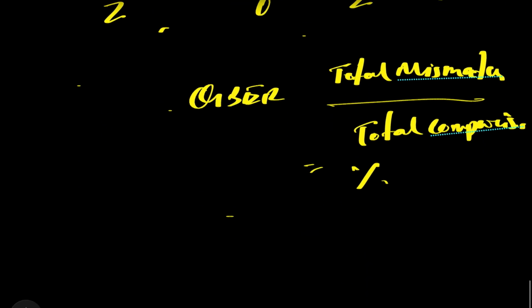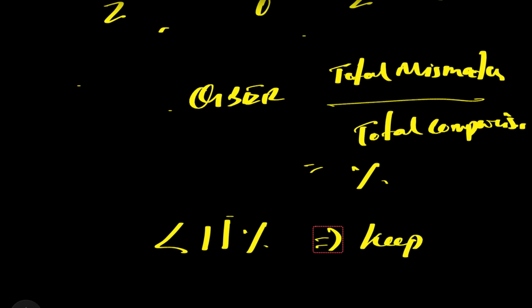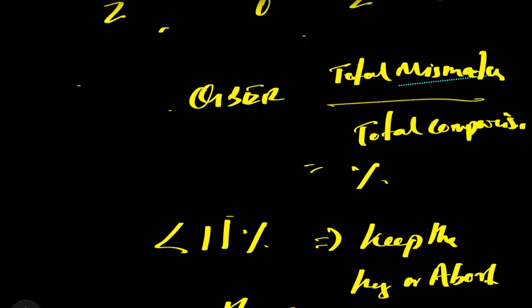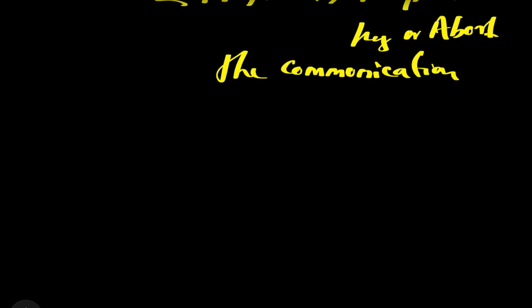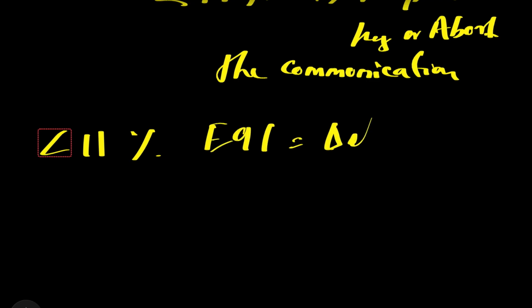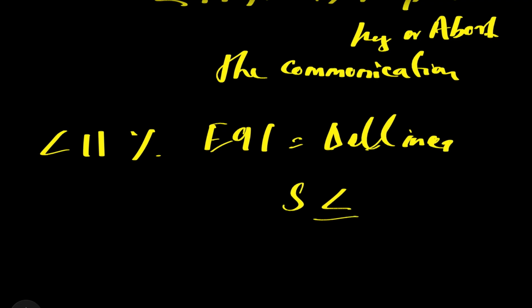And guys, remember it should always be less than 11 percent in order to keep the key and continue the communication. In all of these comparisons, for QBER we look for less than 11 percent, or if you go for E91, we use Bell's inequality and check S, which should be greater than 2.